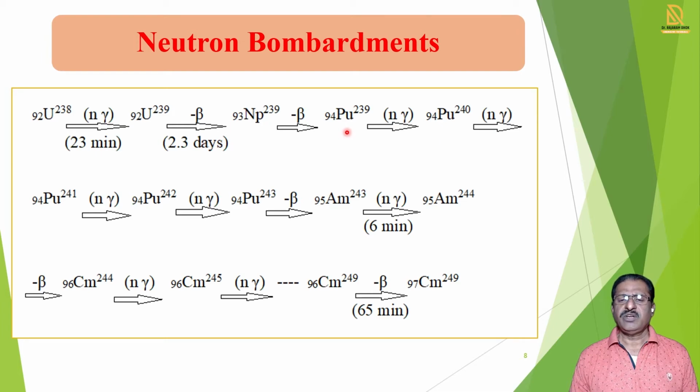Its half-life is very high. So we make it unstable, and for that purpose we bombard the neutron. We carry out the N gamma reaction. When a neutron is bombarded, the mass increases by 1. So you see here, the mass 239 is increased to 240.